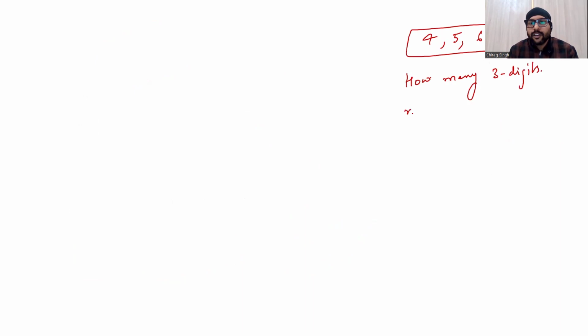Okay, so now my question is to you. I have the given digits 4, 5, 6, 2 and 0, and the question is how many 3 digit numbers are possible if each number is divisible by 10 and repetition is not allowed.